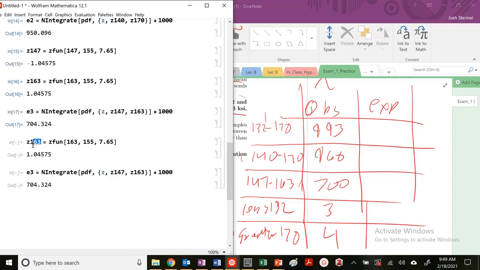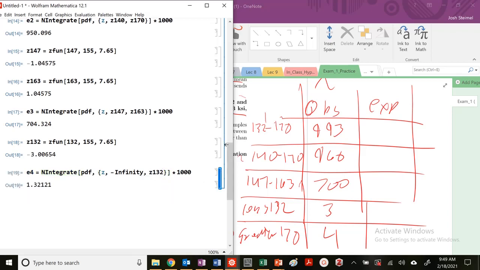So I'm going to calculate my Z of 132, and I can see a pretty large value for that. So I'm going to integrate my E4 from -infinity to my Z132, because that's all the samples less than that. And I get this value.